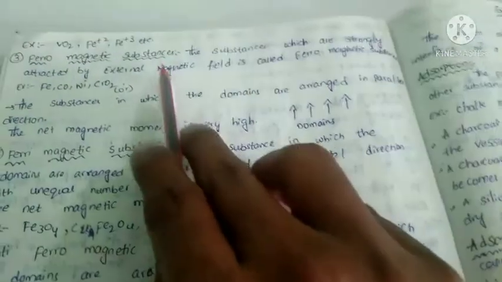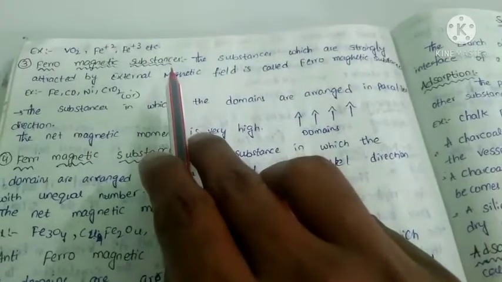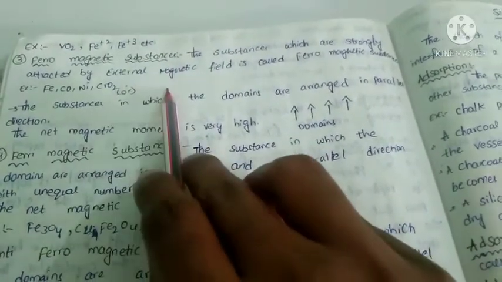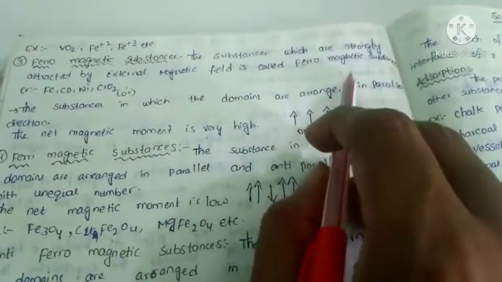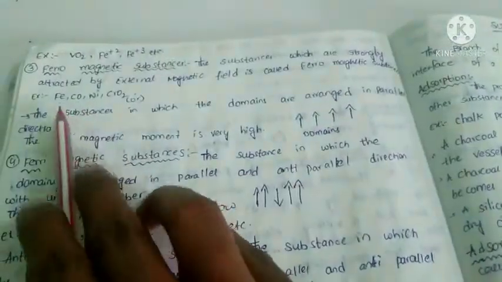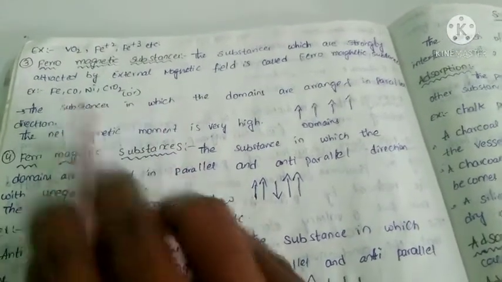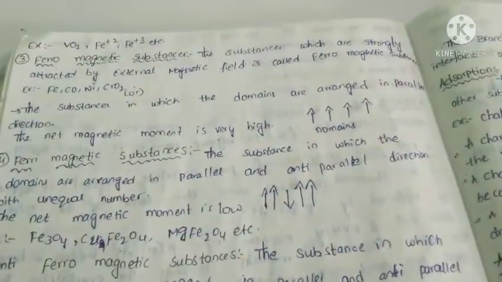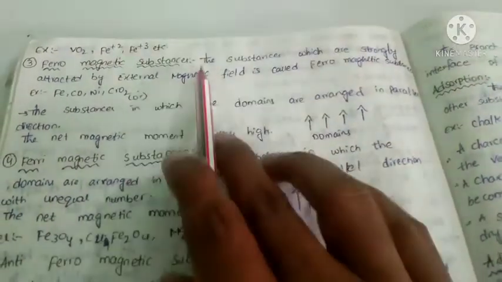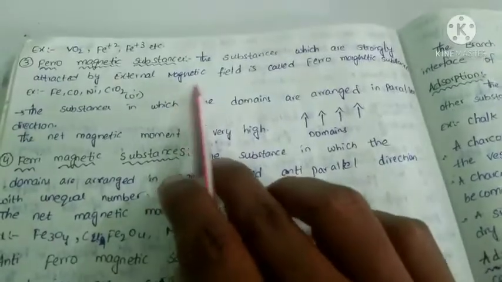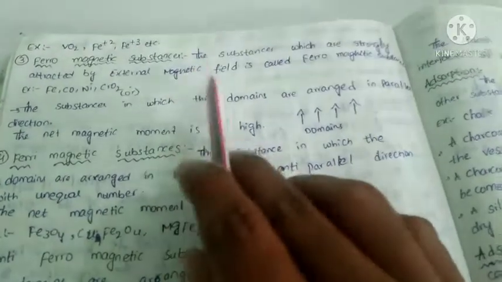That means in case of paramagnetic, they are weakly attracted, but here they are strongly attracted by external magnetic field. Those are called ferromagnetic substances. For example, iron, cobalt, nickel, chromium dioxide. Why in these cases are they attracted more towards the magnetic field?